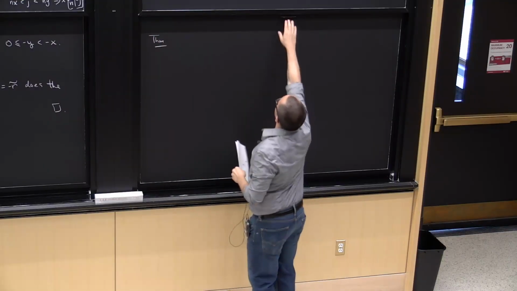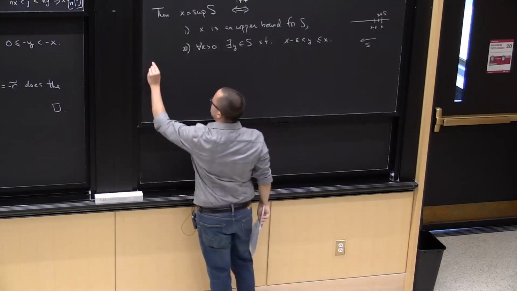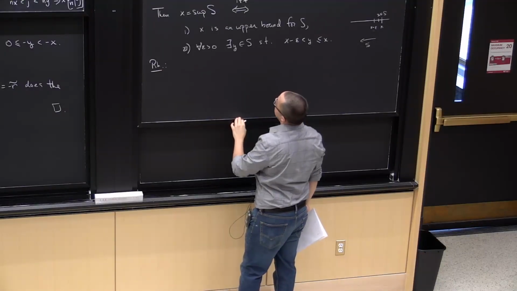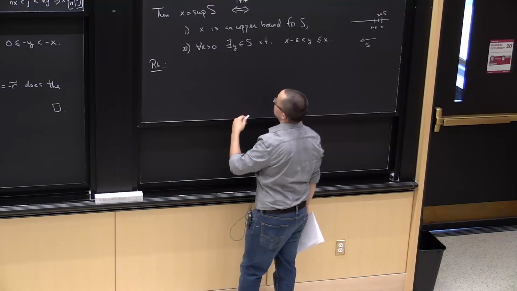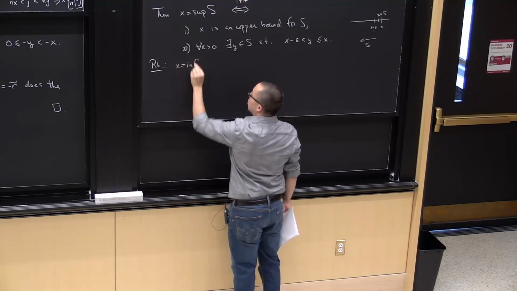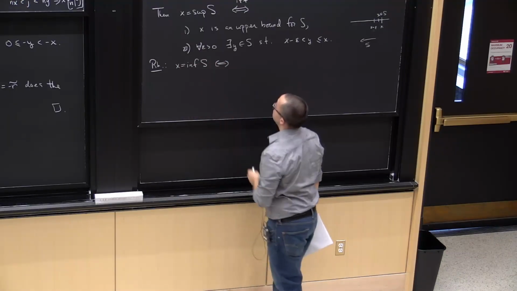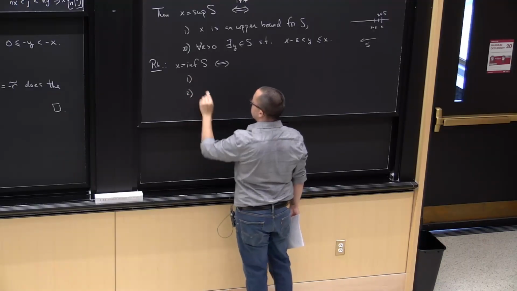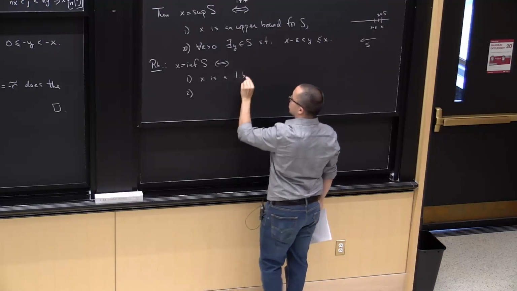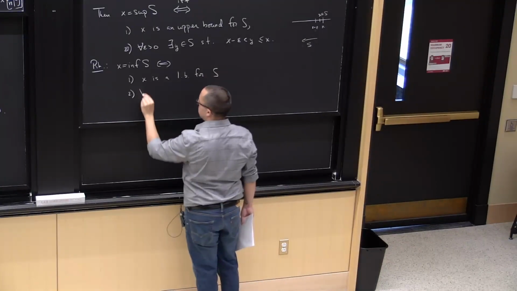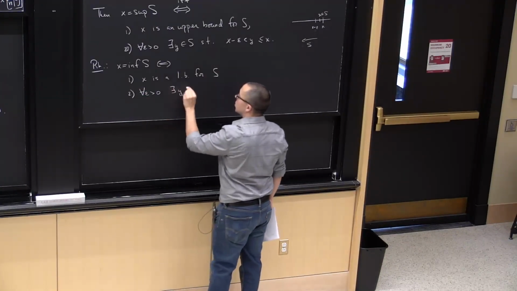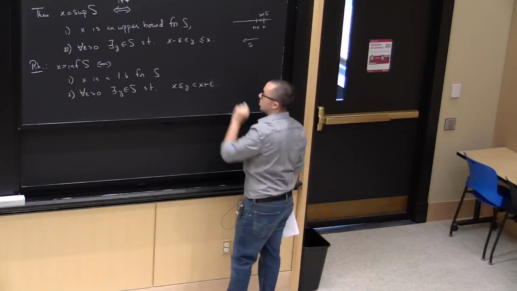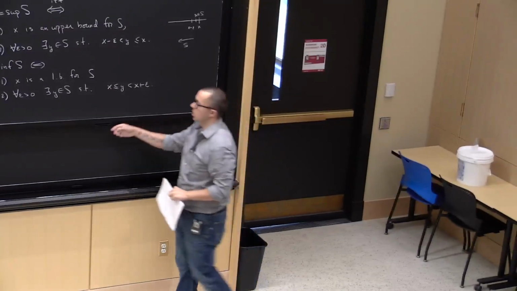Let me also write here, I'm not going to state it as a theorem, but this is a remark, meaning I'm being a little bit loose with what I'm writing down, but it's true. x equals inf of S. So for S a non-empty subset which is bounded below, there's an analogous characterization: x is a lower bound for S, and for all epsilon positive, there exists a y in S so that x is less than or equal to y is less than x plus epsilon. So this is the analogous statement for something to be the inf.